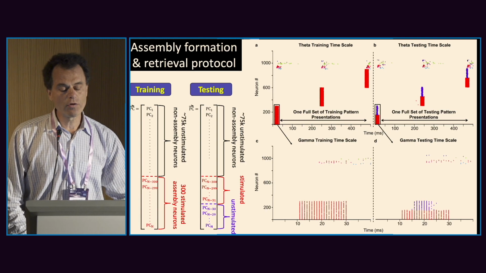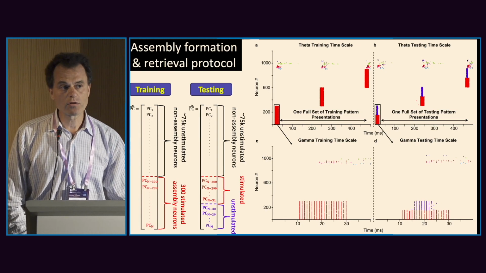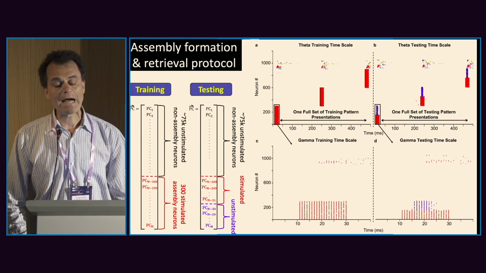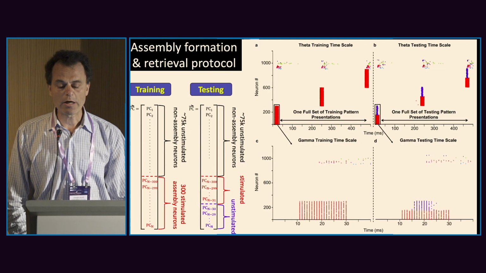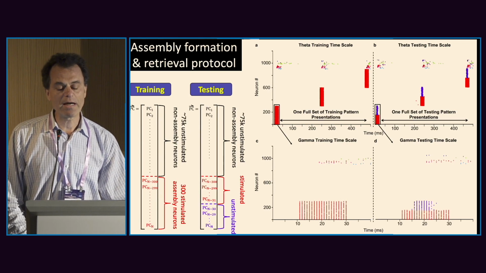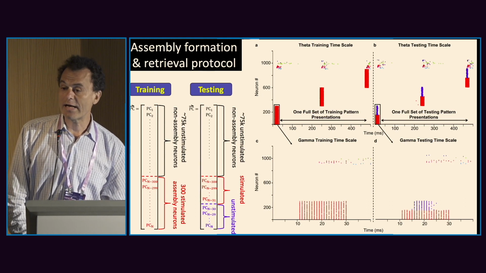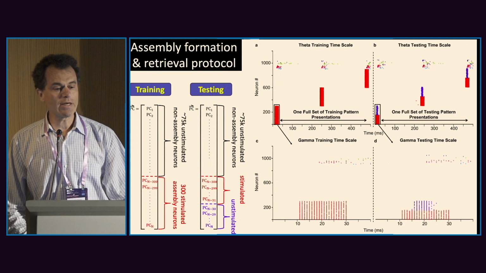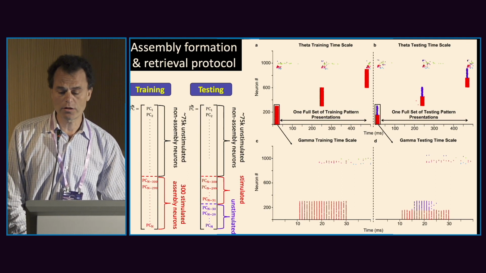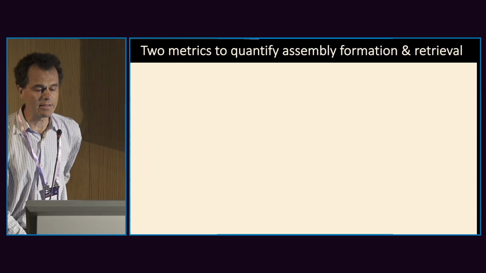Within a theta, if you look at the bottom right panels, the coactivation of subsets of neurons in the cell assemblies occurs during gamma cycles, so at higher frequencies, again inspired by the biological data. And if you look at the top right panel, which is the theta testing regime, in this case we only activated half of the assembly of each of 3 assemblies, and in all cases, the non-activated neurons respond to that cue.